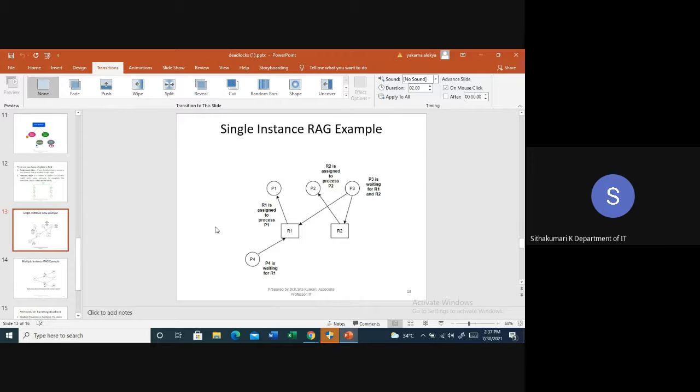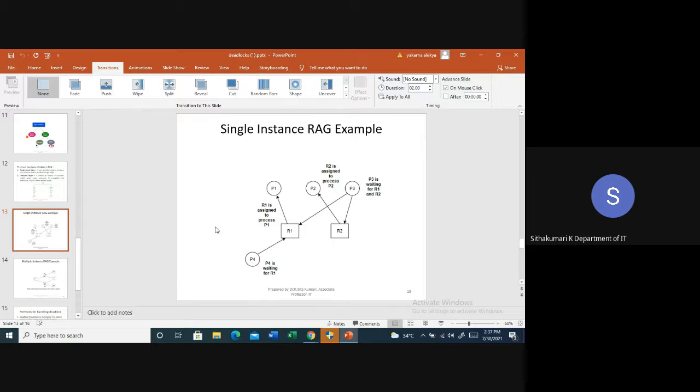Now here, you have a single instance resource allocation graph and a multiple instance resource allocation graph. Deadlocks can be described more precisely using a resource allocation graph. For the whole system, what resources are available, how many instances are available, which instances have been allocated, and what the requests are, everything will be known from this resource allocation graph.